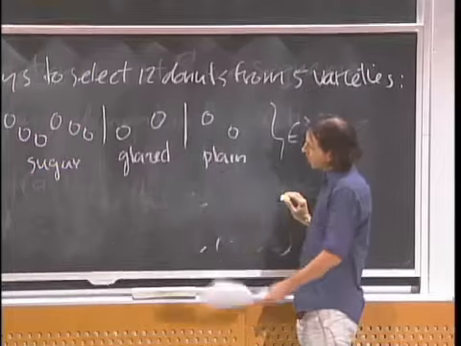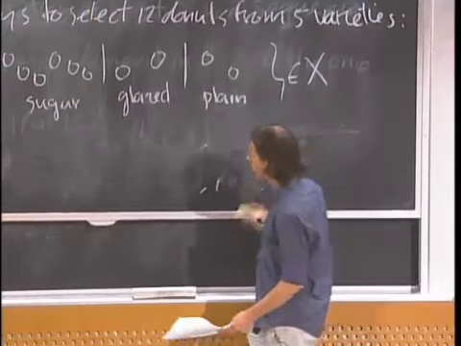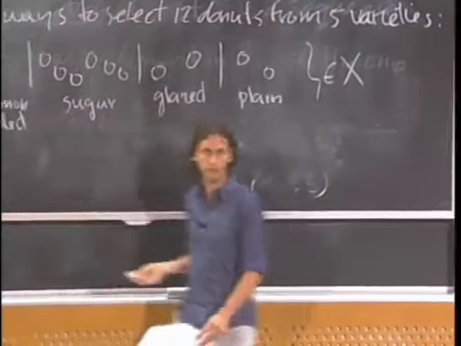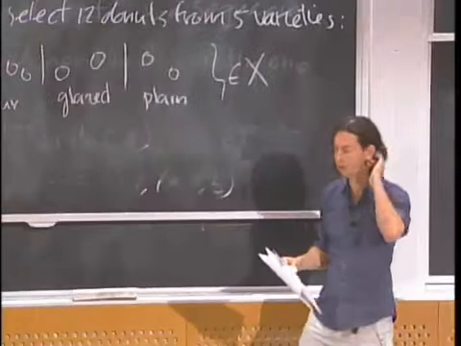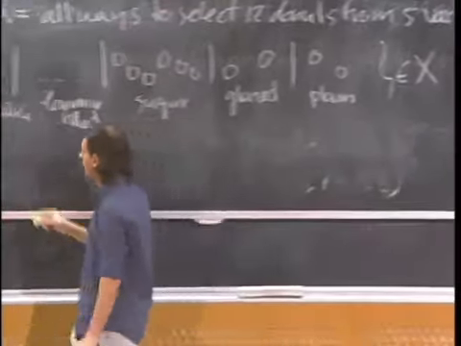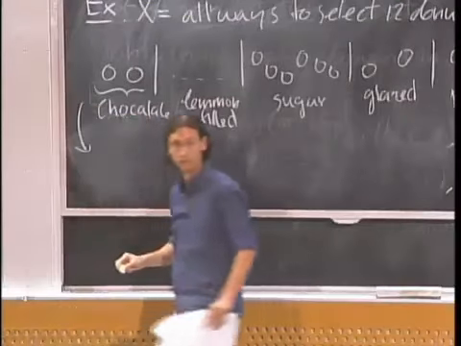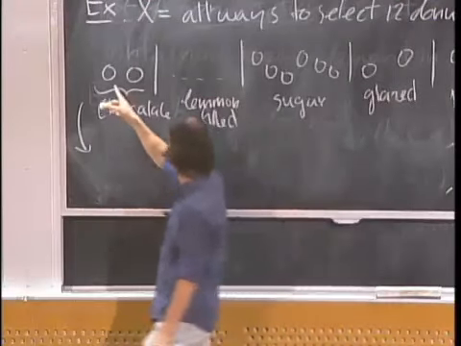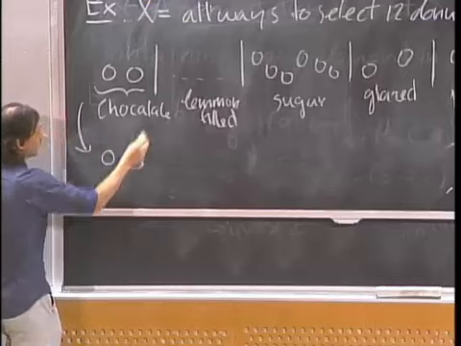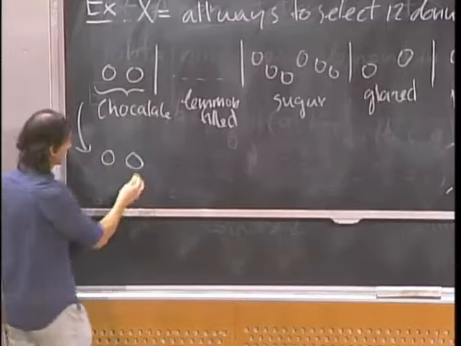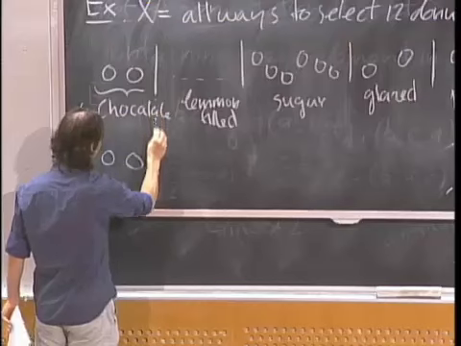Now, if we are going to try to represent such a configuration, that's usually how we think about counting, then we may map this to a 0-1 sequence. So how do we do this? We can just map the donuts to zeros, the divider between the 2 baskets as a 1. So this is a 1.